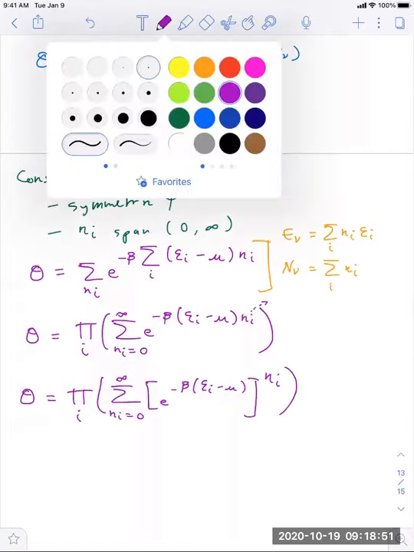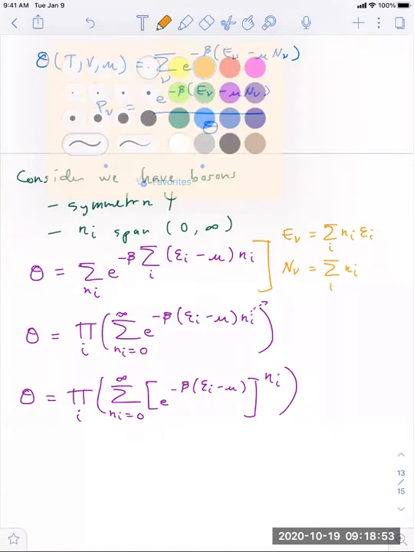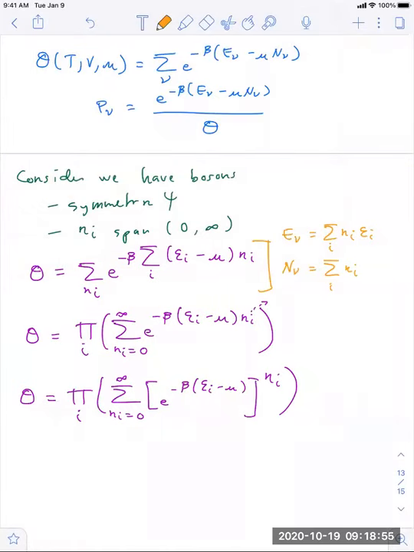And the reason I do this is because if I take what's in the parentheses here, now this has the form of summing from 0 to infinity of x to the n. And this is a known infinite sum of just 1 over 1 minus x.